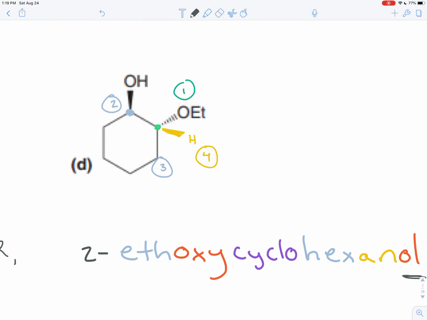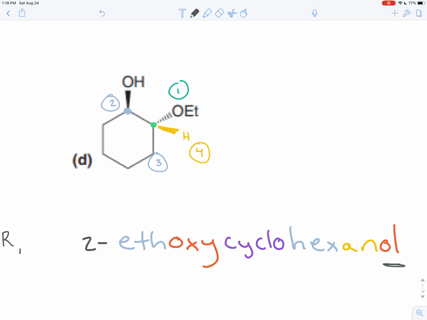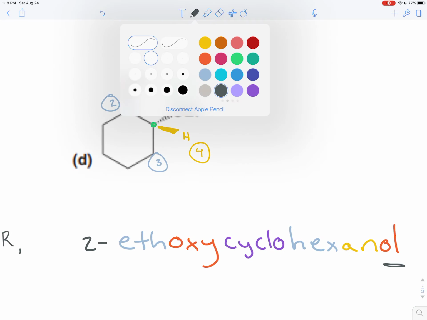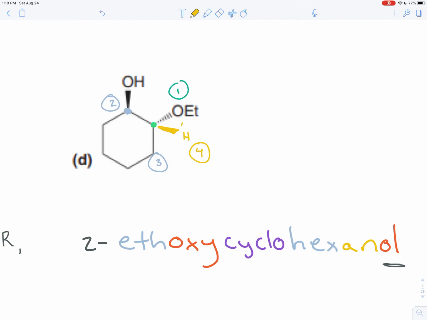So we go from 1. Okay, we've assigned priorities. The second step is to make sure that 4 is going away, but here 4 is not going away. 4 is coming out at you. It's pointing toward you. And whenever that happens, you still go from 1 to 2 to 3, see whether it's clockwise or counterclockwise, and assign R and S based on that.